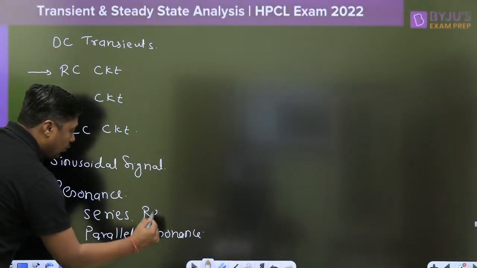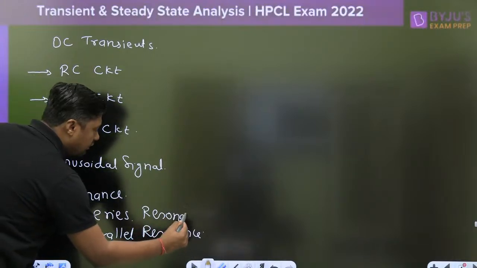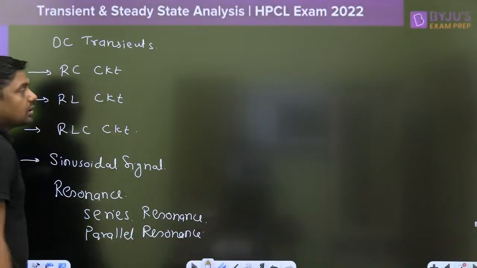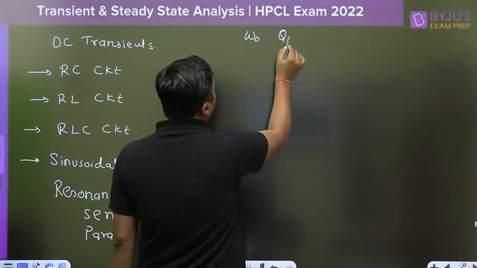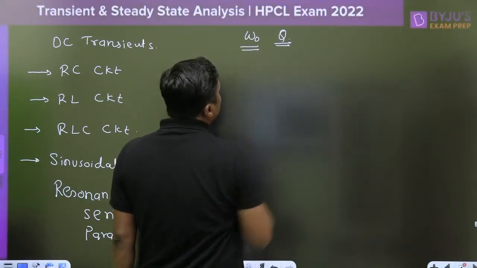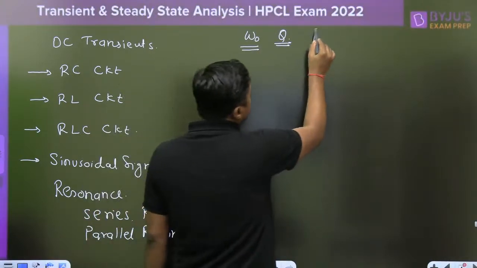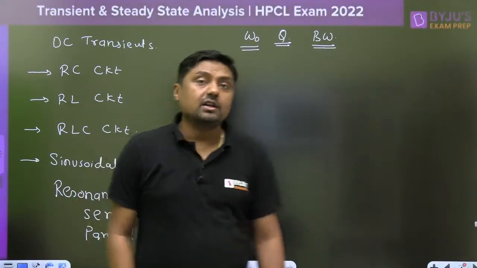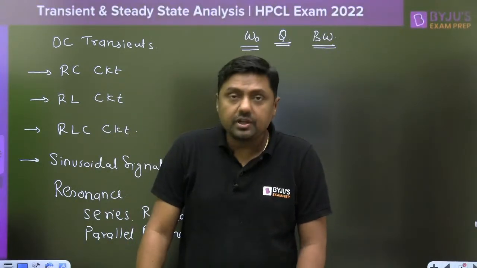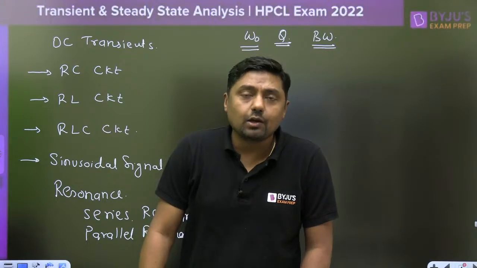Okay, and what in resonance, I will give you the formula for resonance frequency, what is the quality factor, right, bandwidth, and so on, with numericals, right? So ready guys, please use your copy, pen and calculator.